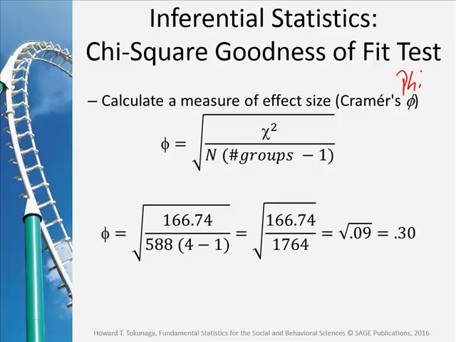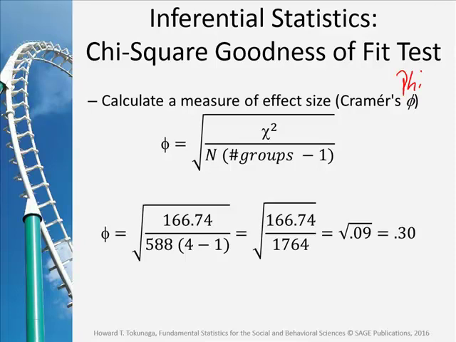Cramer's phi is a way to measure the effect size. And when I say the effect, it's the difference amongst the groups. You take the chi-square that you have, and you divide it by n, which is the size of your sample, so 588, times the number of groups, which is 4 minus 1.